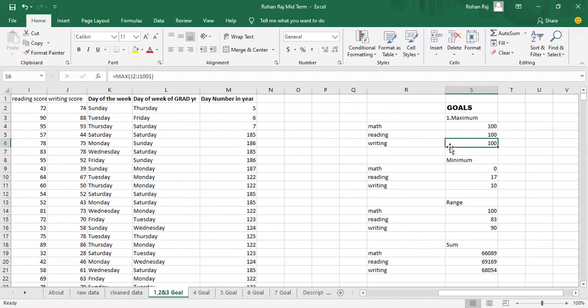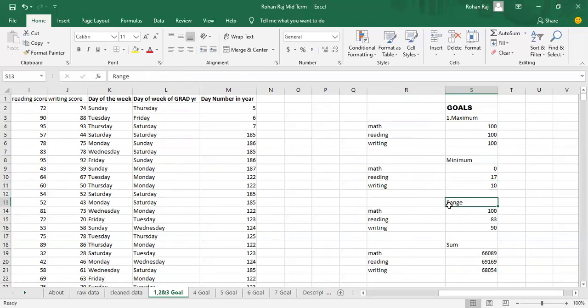In the maximum we used the max function to find the maximum value of the writing score, reading score, and math score. So it's 100, of course, and you find the minimum value of the following subjects also by selecting the minimum function and selecting the data of the column which you require.